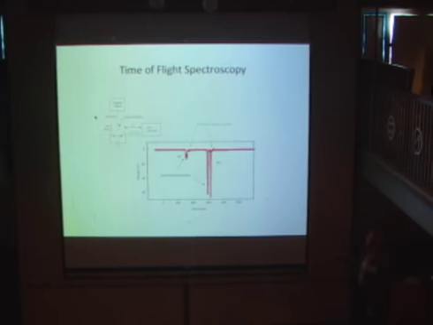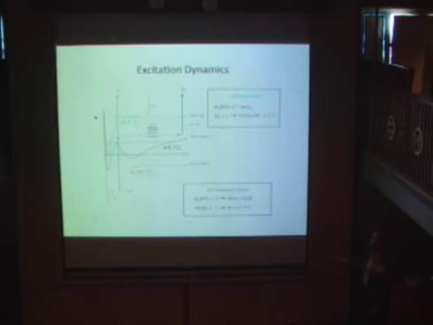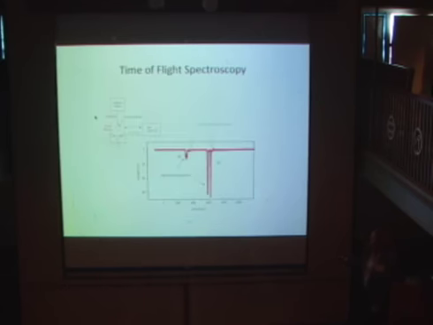Here's an example of the time of flight signals that we get. So we're looking at the voltage signal on our detector as a function of time after the probe laser. And you'll see when we pulse a field on, we accelerate the ions through a short drifting region, and then they arrive at the detector at different times based on how much the field has accelerated them.